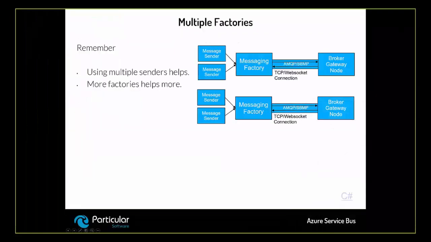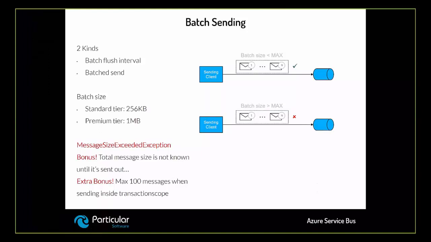The next one is batching. Obviously, sending multiple messages in a batch is going to guarantee better performance. There's two kinds of batching that you can easily control. One is the batch flush interval, which is basically grouping messages.